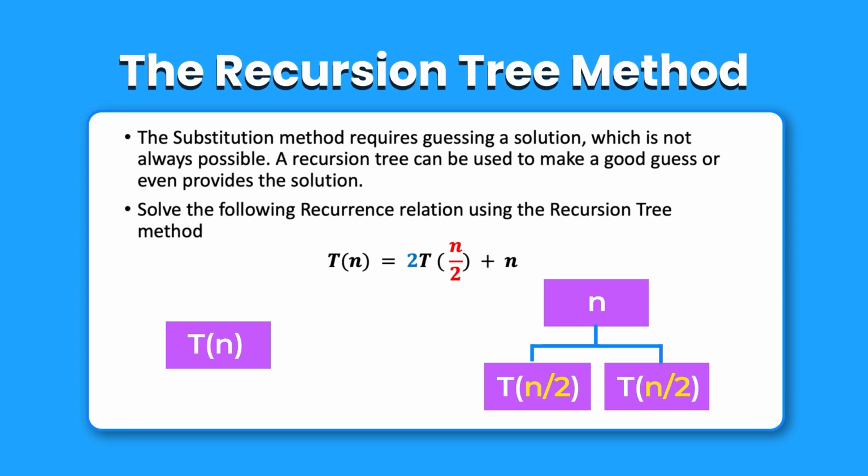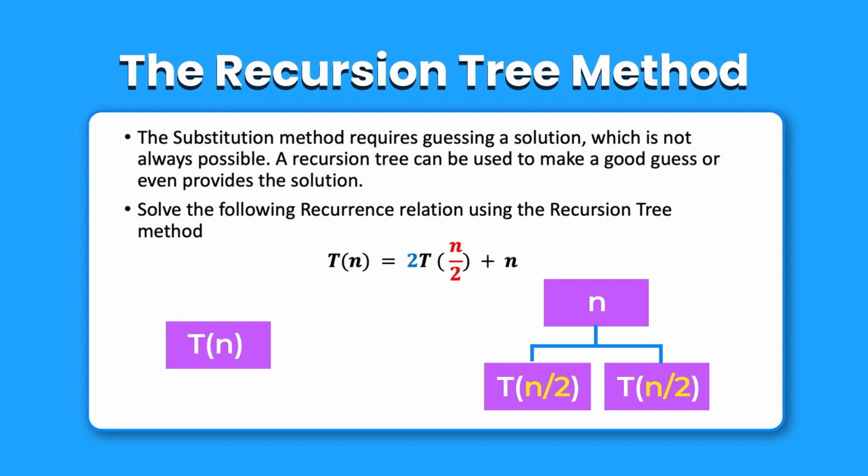So how am I going to represent this? Please note the tree. First, the problem size is n, so n is the size of the computation because of the last step, where n is coming in 2T(n/2) plus n.